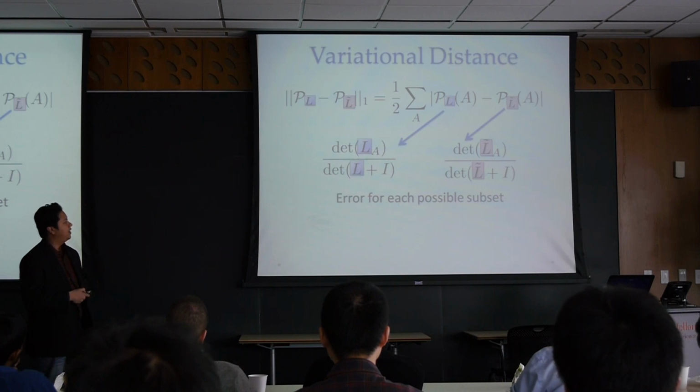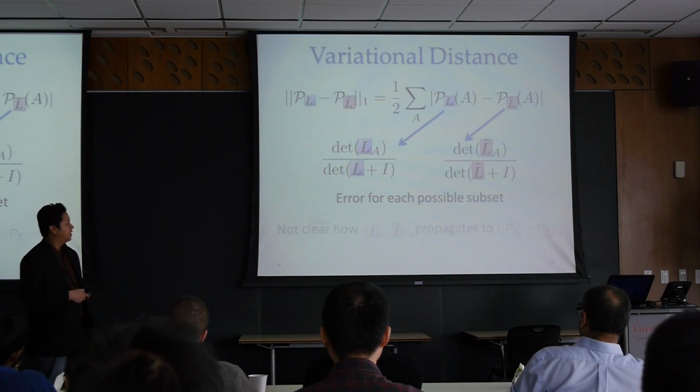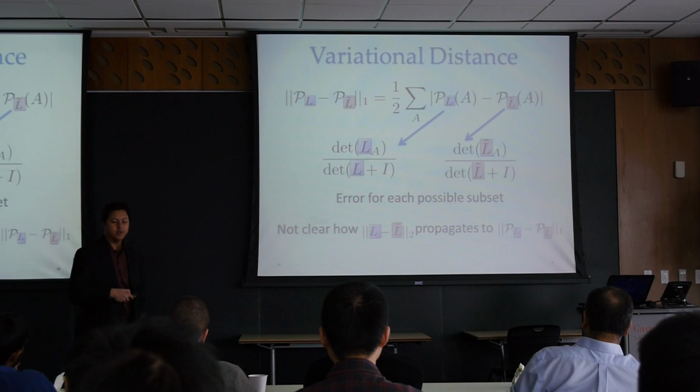The problem with that is that we not only have error in terms of the L2 norm, we have error in terms of the determinants of each possible subset. So it's not clear how this error in the matrix norm will propagate to the error in the variation distance. That was the question we wanted to ask.